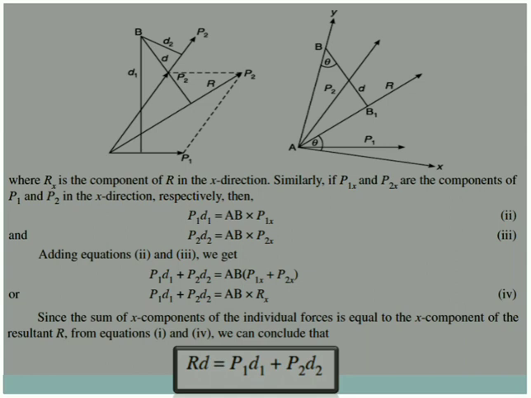Then we apply equation 1 on a similar basis to find equations 2 and 3 with respect to the forces. Adding equations 2 and 3, we get equation 4. Comparing equations 1 and 4, we get the required result, that is the proof of Varignon's theorem.